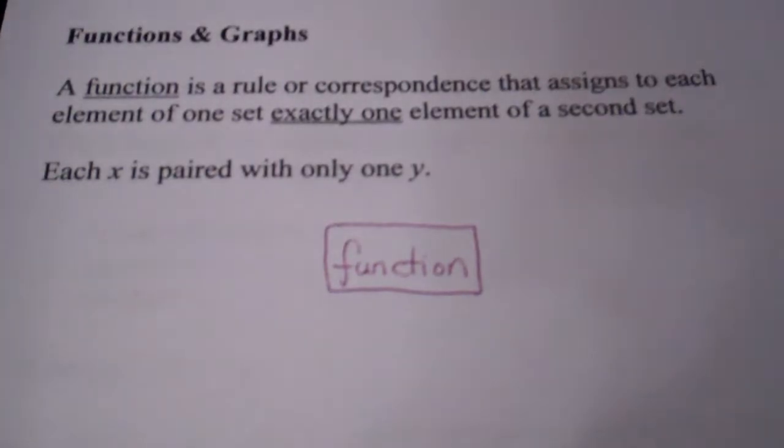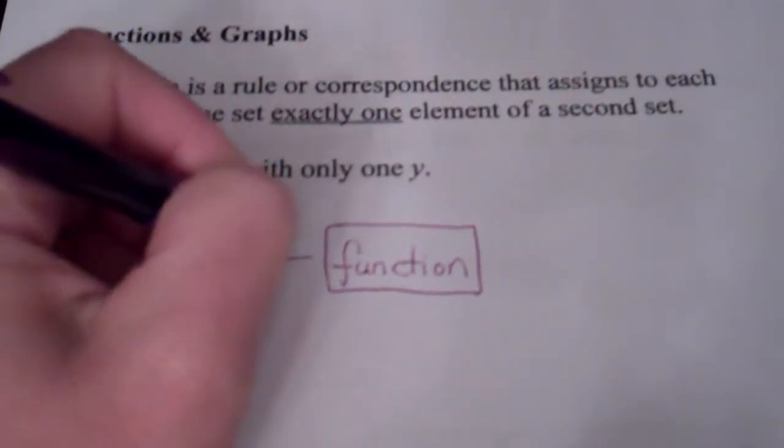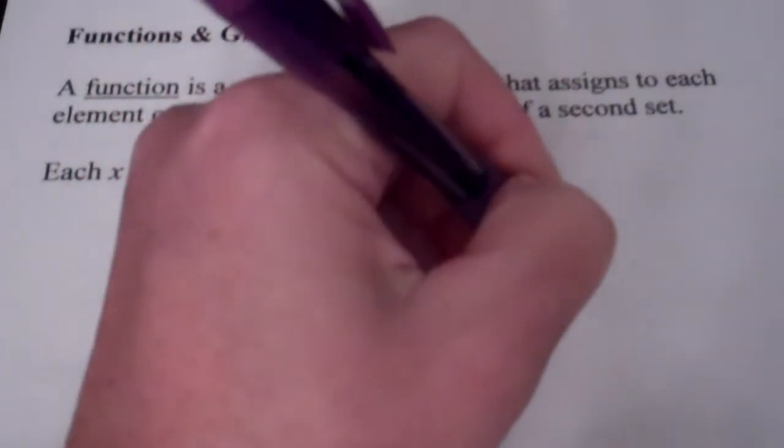When you take it in at 6 months, the doctor weighs the baby and it has a certain weight. At no point does the doctor give you two different values for the weight. For each age, there is only one weight. So that's the idea behind a function. For each x, or each age of your baby, you are going to get one y value, or one weight, associated with that age.